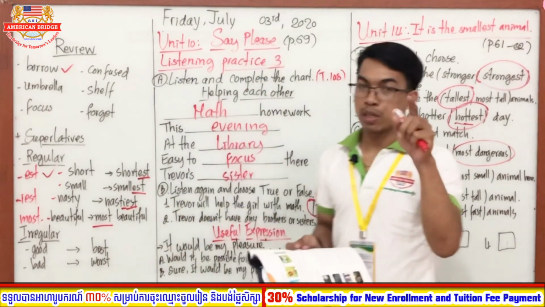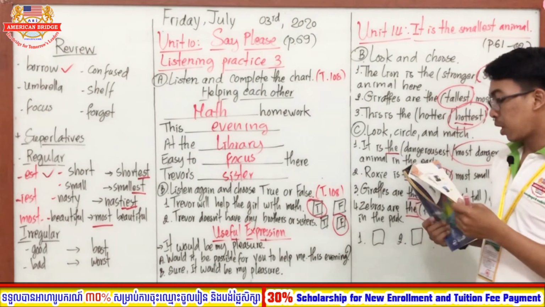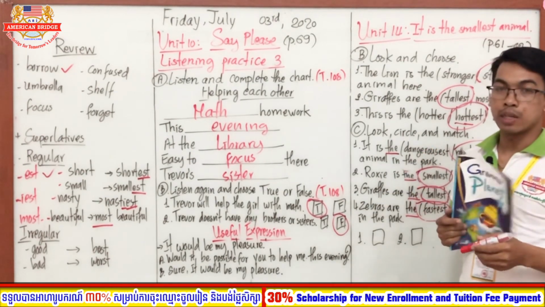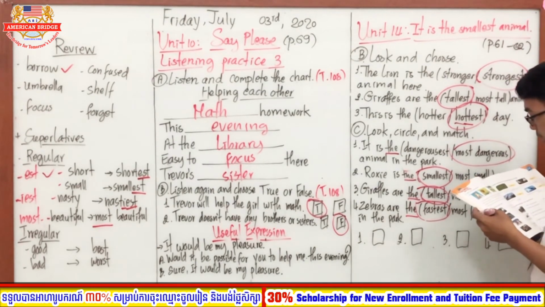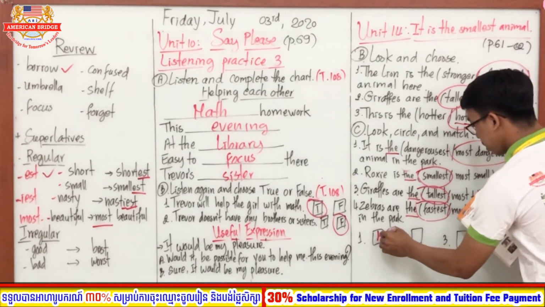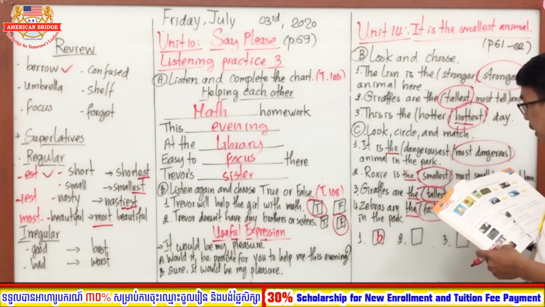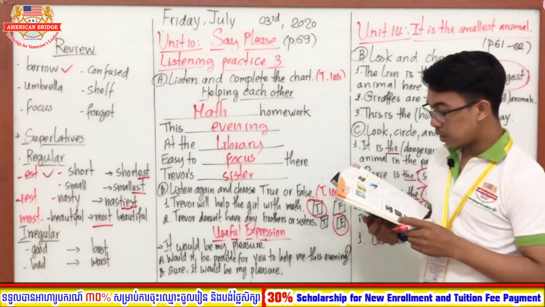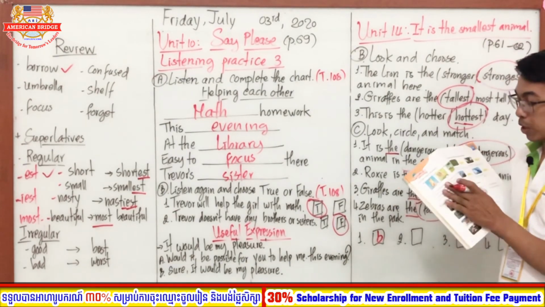So you have to match the sentence with the correct letter of the picture. Based on number 1, which is the example, it is letter B. So letter B goes to number 1. Now let's move on to number 2. Rosie is the smallest animal here. So which one, everyone, based on the picture?